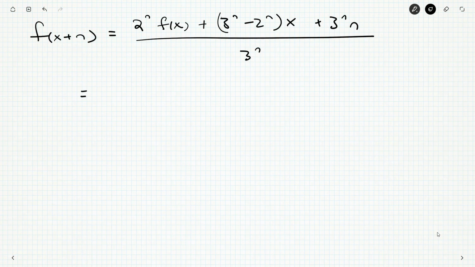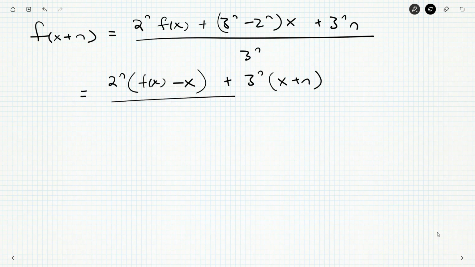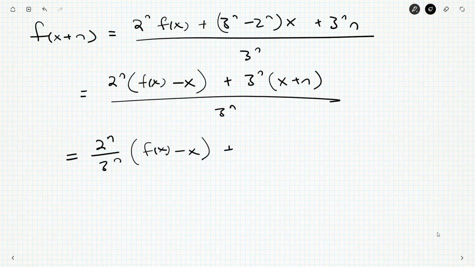Because then we'd have 2 to the n f of x minus x plus 3 to the n x plus n all over 3 to the n. So in general, it should be 2 to the n over 3 to the n f of x minus x plus x plus n. And this is a better version of the formula. Probably would have been easier to prove with as well.